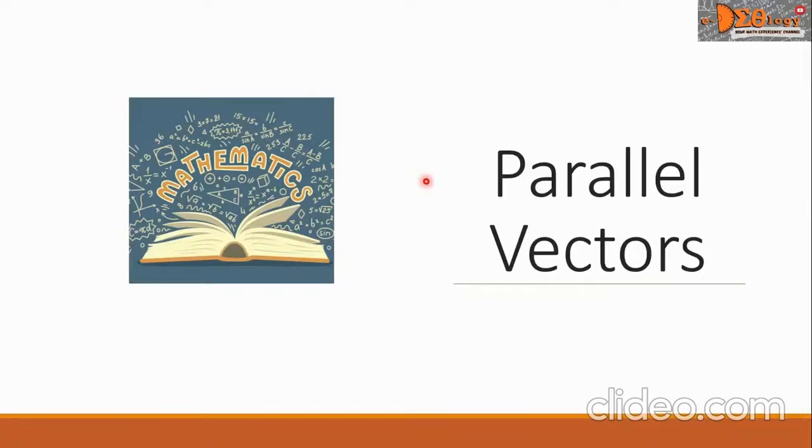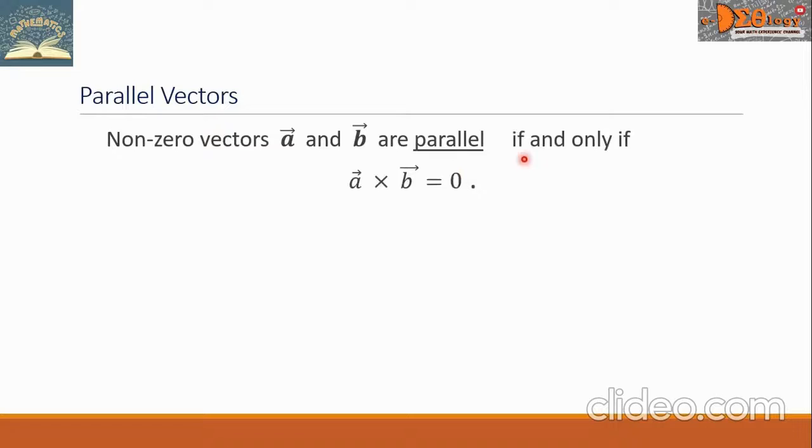Today we're going to study parallel vectors. Non-zero vectors A and B are parallel if and only if vector A times vector B equals 0.